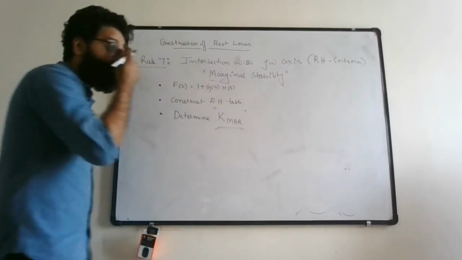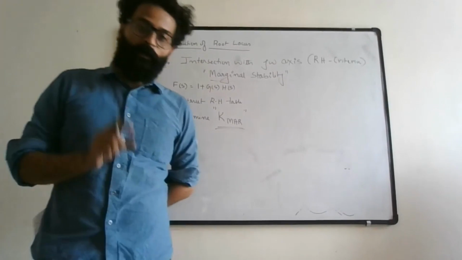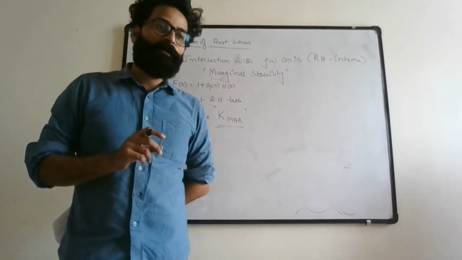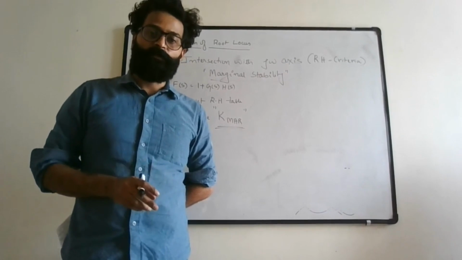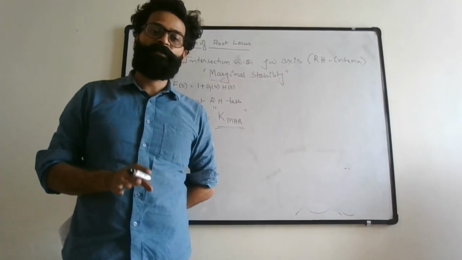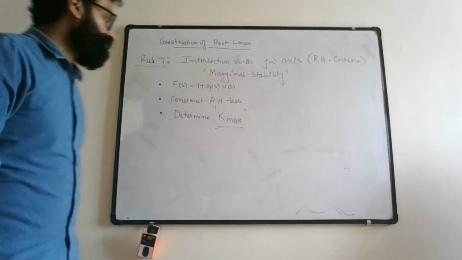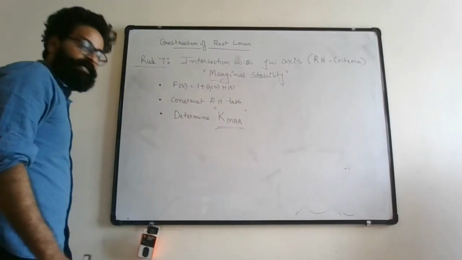What is K mar? K mar is the value of k which makes a particular row in the Routh array a row of zeros, except for s to the power 0. That particular value is called K marginal.